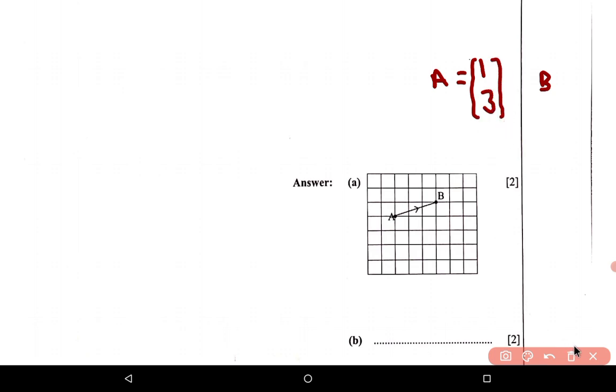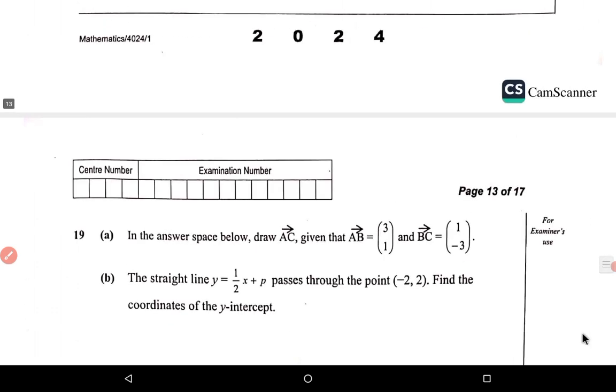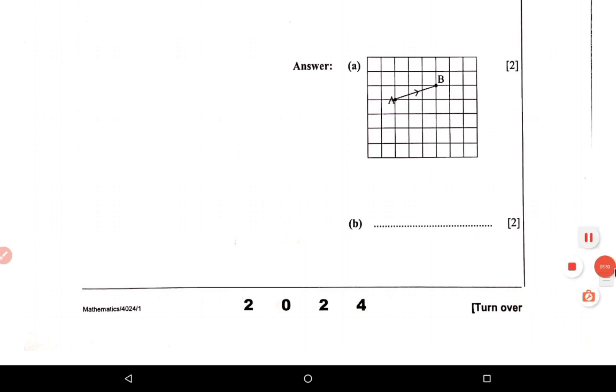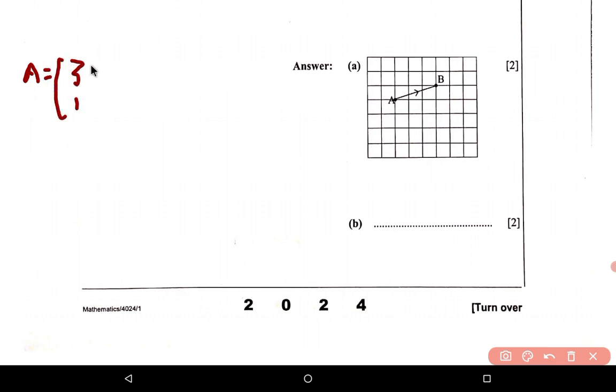So let's go to B, that is okay, (3, 1) and then (1, negative 3). So A is (3, 1), then B is (negative 1, 3). Sorry, I think I've gotten this one correctly now.